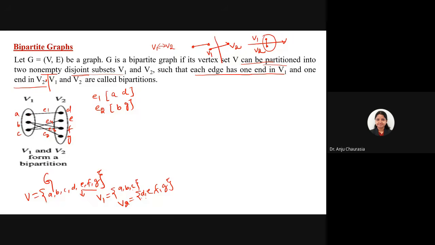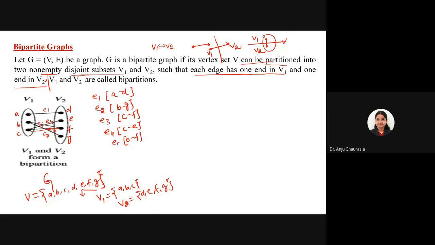What is the name of E3? End points of E3 are C and F. What is E4? End points are C and E. Any other? There are five edges actually. I think DF I missed.